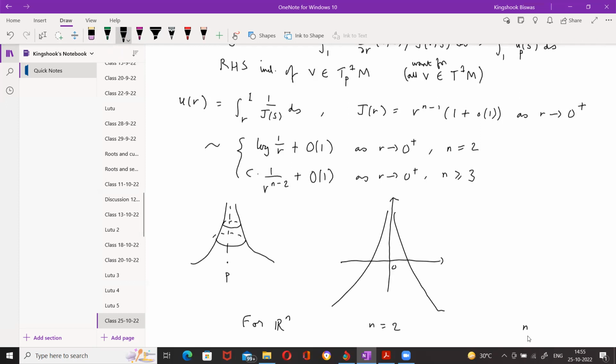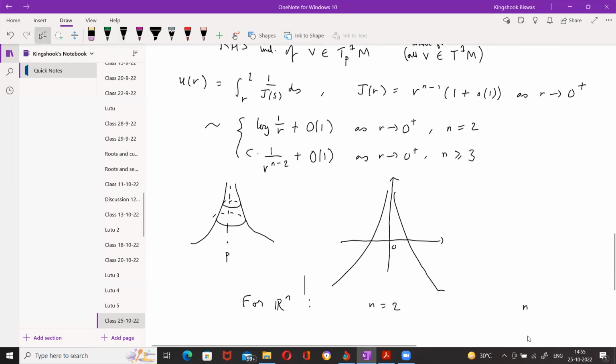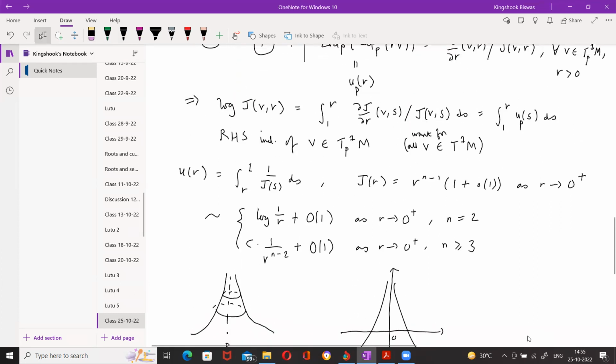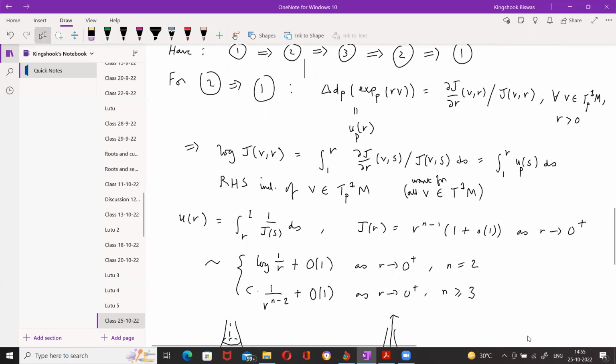In Rn, the Jacobian is, up to a constant, the volume of the n sphere, so exactly r to the n minus 1 times a constant.